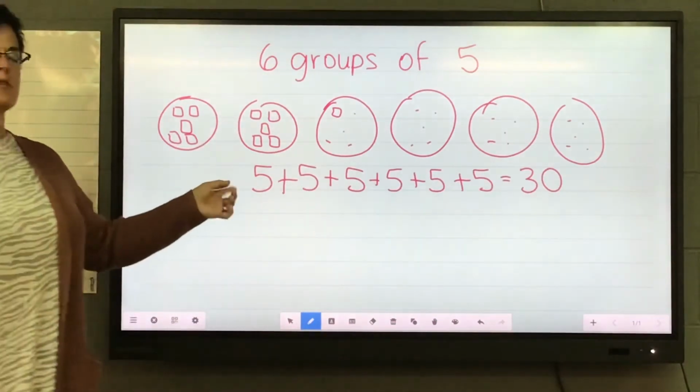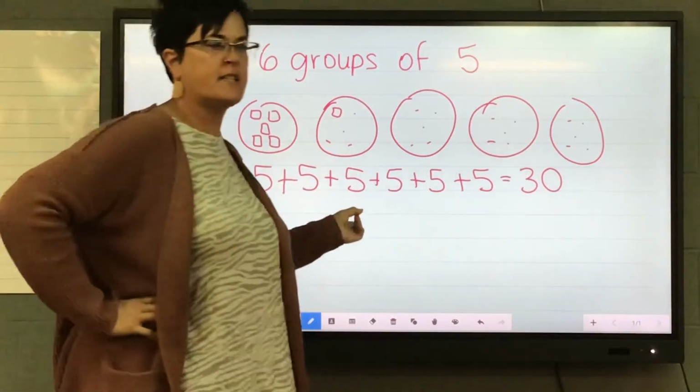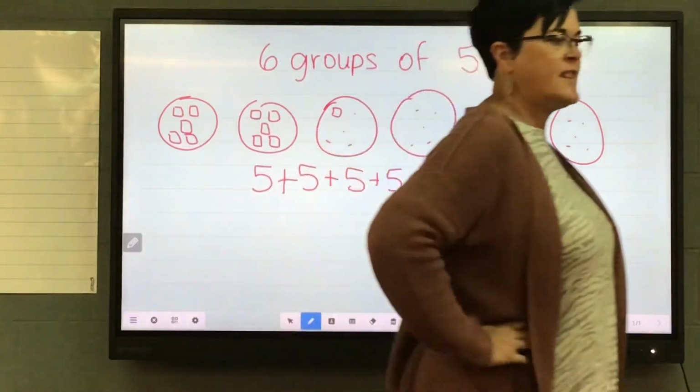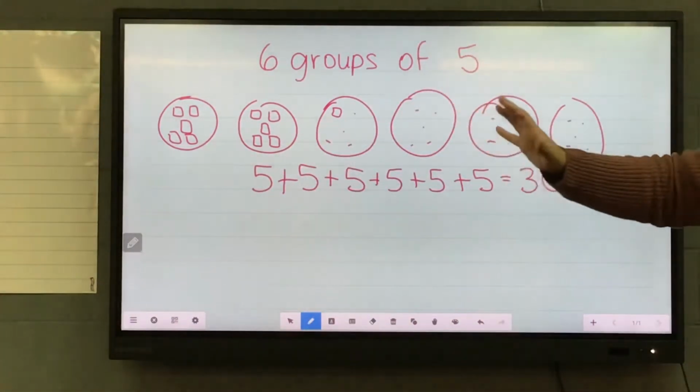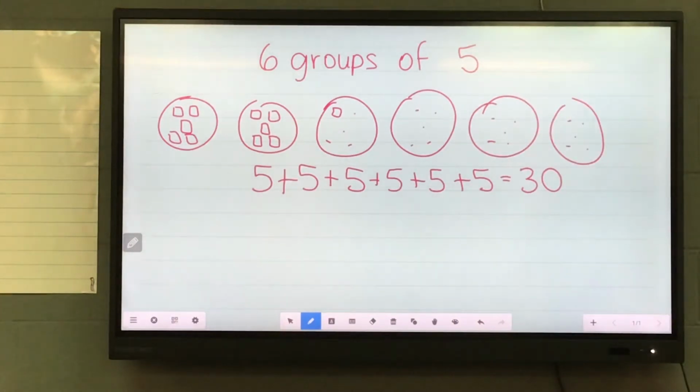What would be the multiplication sentence that would go with this same problem here? Show me what the multiplication sentence should look like. Very good.